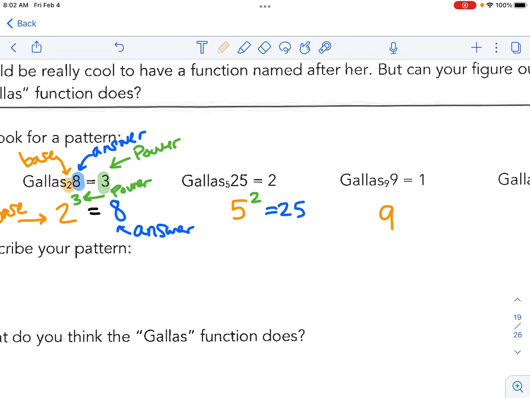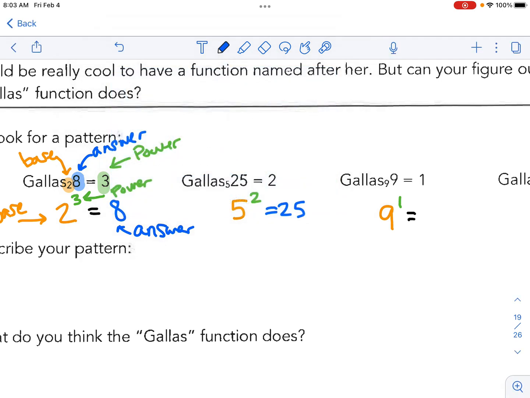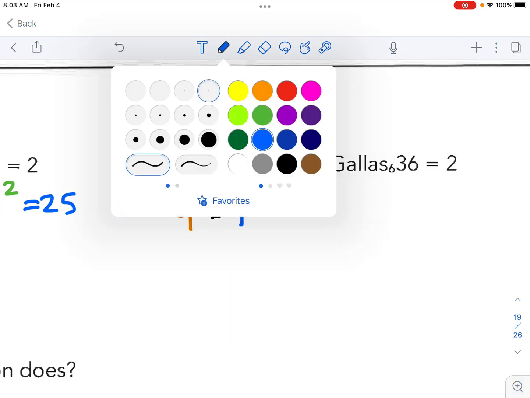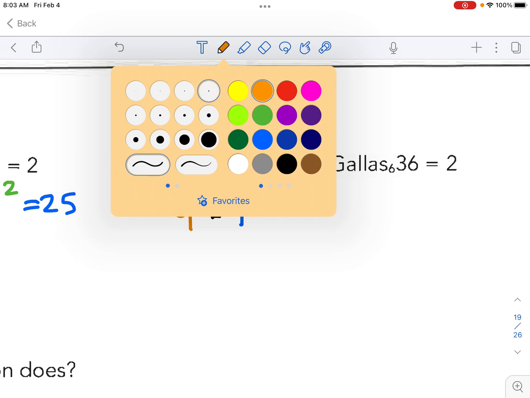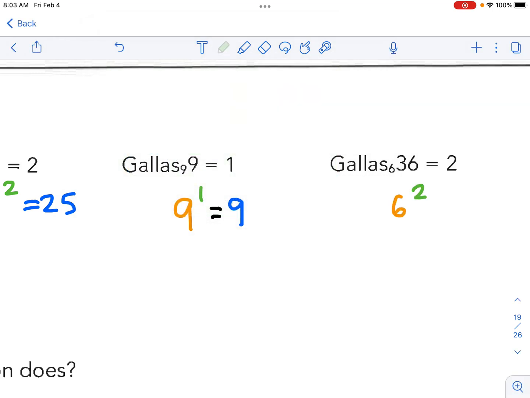The base is 9, the power is 1, and the answer to that exponential is 9. So that works. Let's just finish out this pattern. The base here is 6, the power here is 2, and the answer to that exponential is 36.